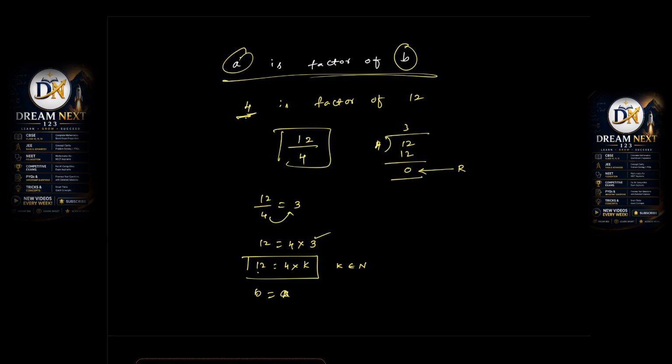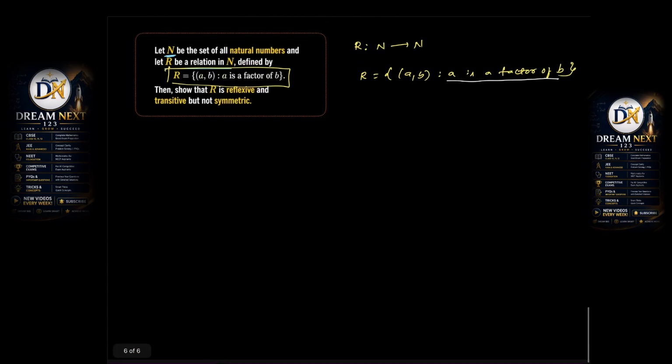That means a is a factor of b is nothing but b equals a into k. So b is divisible by a. If you divide b by a, it divides completely and leaves remainder 0. This is the meaning. Okay, let's come to this question.